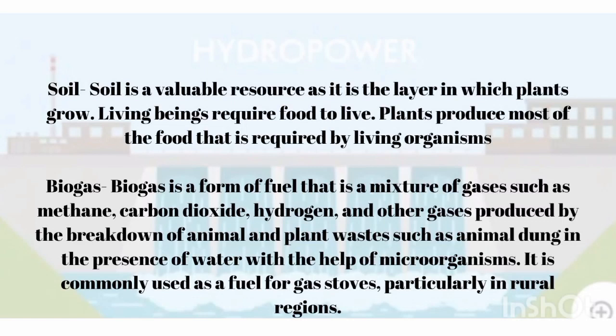Number 5 is known as biogas. This is a form of fuel that is a mixture of gases such as methane, carbon dioxide, hydrogen, and other gases produced by the breaking down of animal and plant waste such as dung in the presence of water with the help of microorganisms. It is commonly used as a fuel for gas stoves, particularly in rural regions.